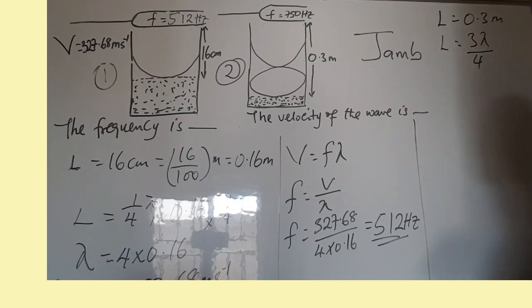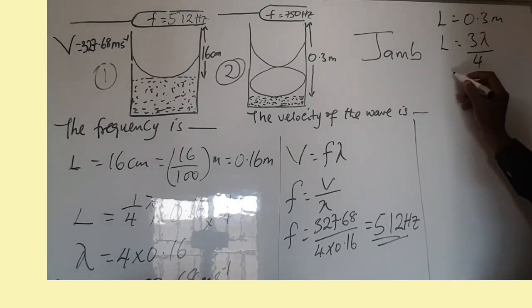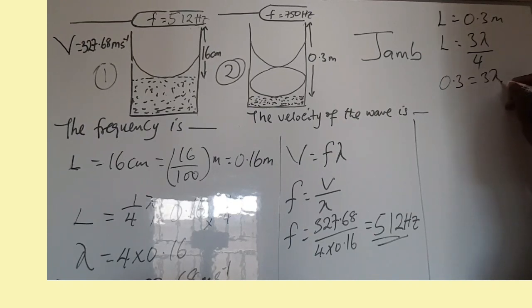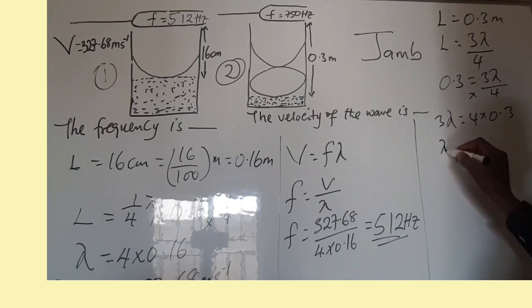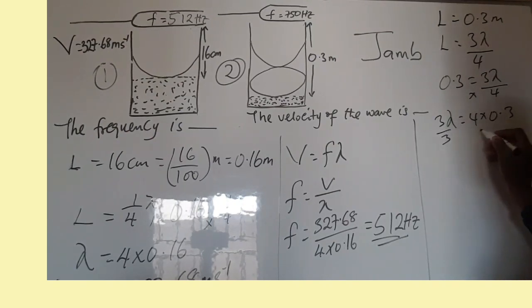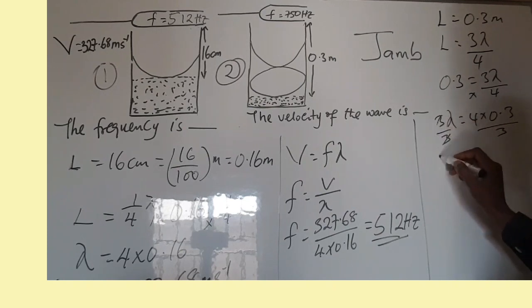If that is true, we can substitute it straight by having 0.3 equal to 3 lambda over 4. We cross multiply, so that lambda will be equal to 4 times 0.3. Then this is 3 lambda. Then you divide through by 3, and 3 will cancel 3.